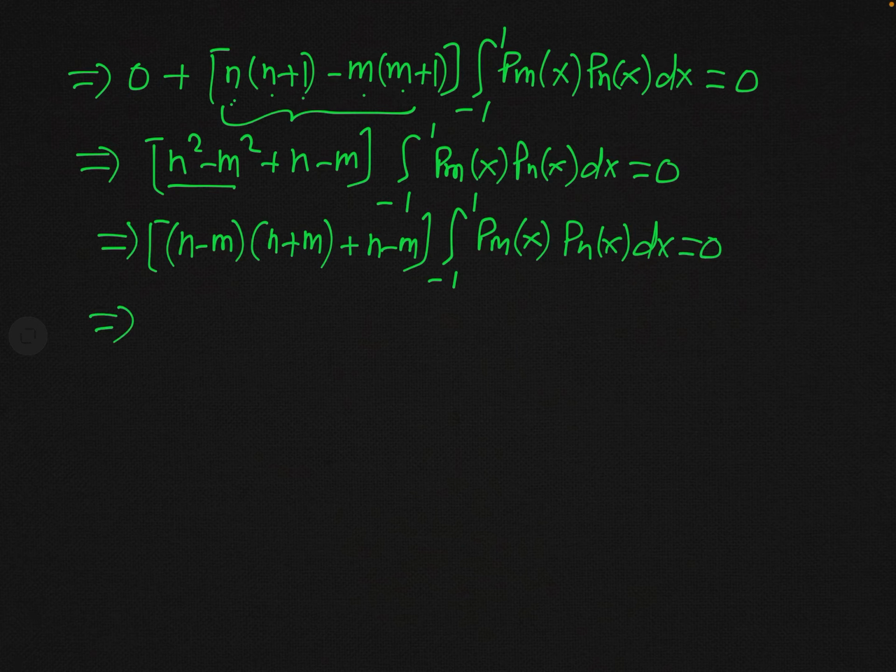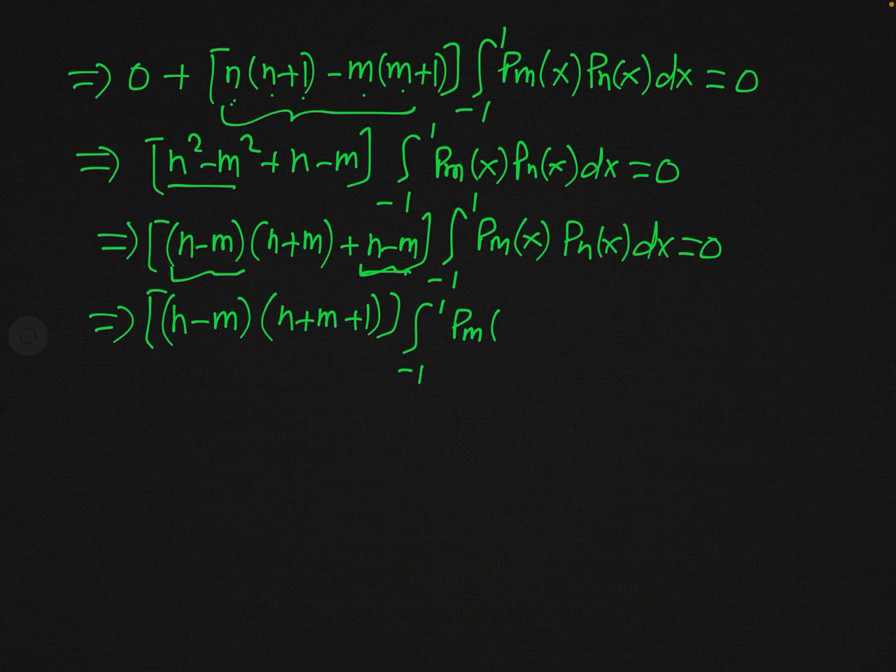Now you can see that this n minus m term is in fact a common factor. So let us take this n minus m as a common factor. Then the other term will be simply n plus m plus 1, because in place of this there is plus 1, and integral from minus 1 to plus 1 Pm of x times Pn of x dx, and this is equal to 0.